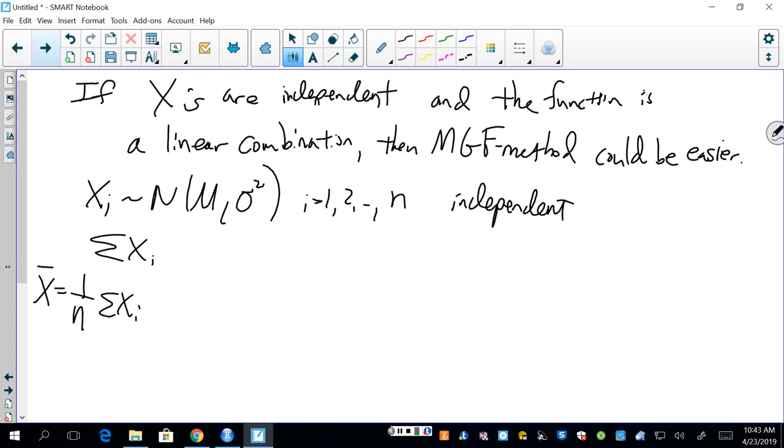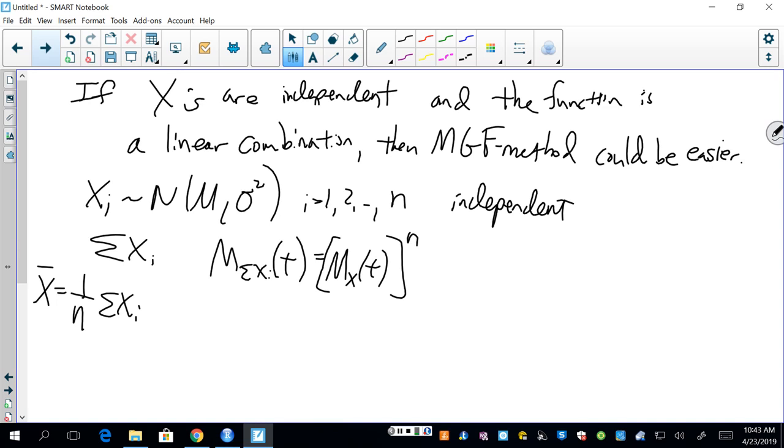Start out with a normal distribution of measurements, take a random sample, independent measurements, and then average them together. Well, the moment-generating function of a sum of independent random variables that all have the same distribution is the product of the first one times the second one, and so on. And if they're all the same, then it's the one distribution for the original x measurements raised to the nth power.